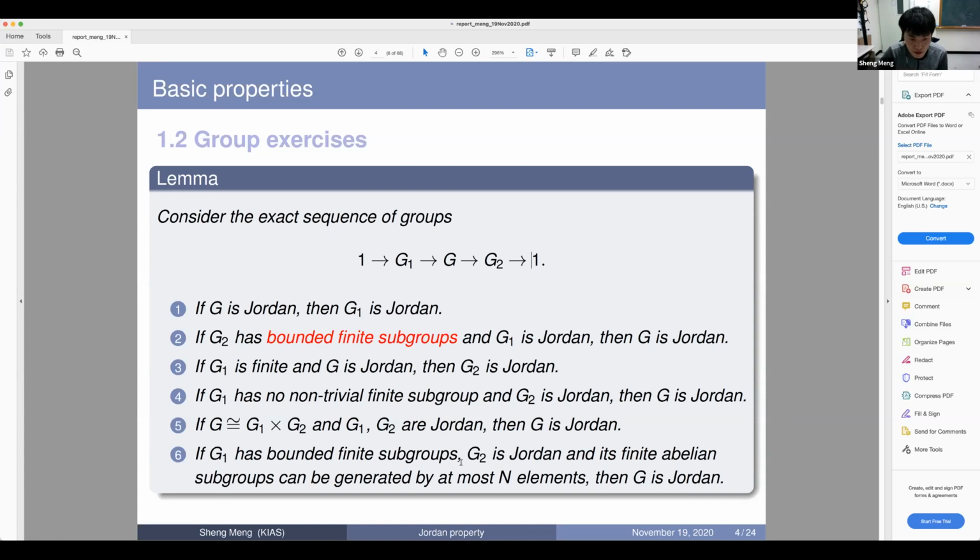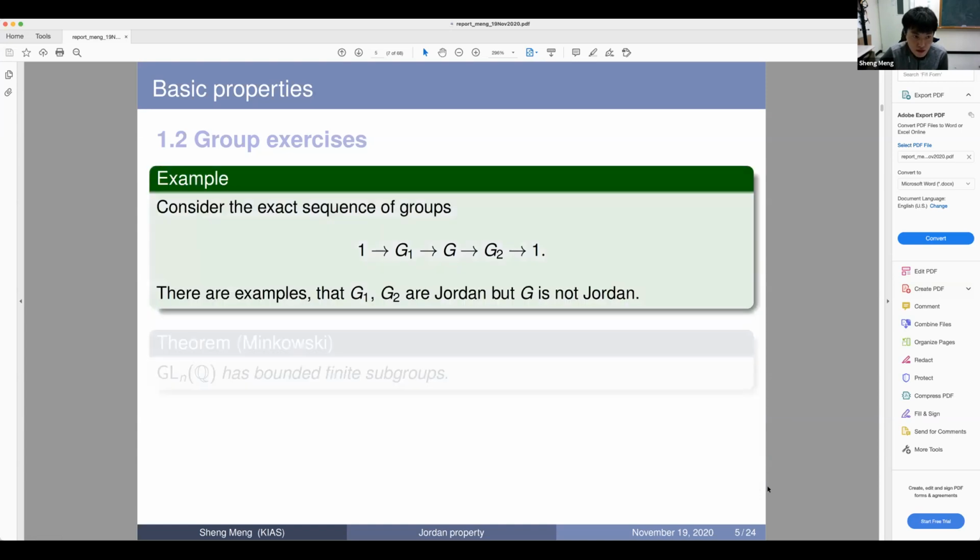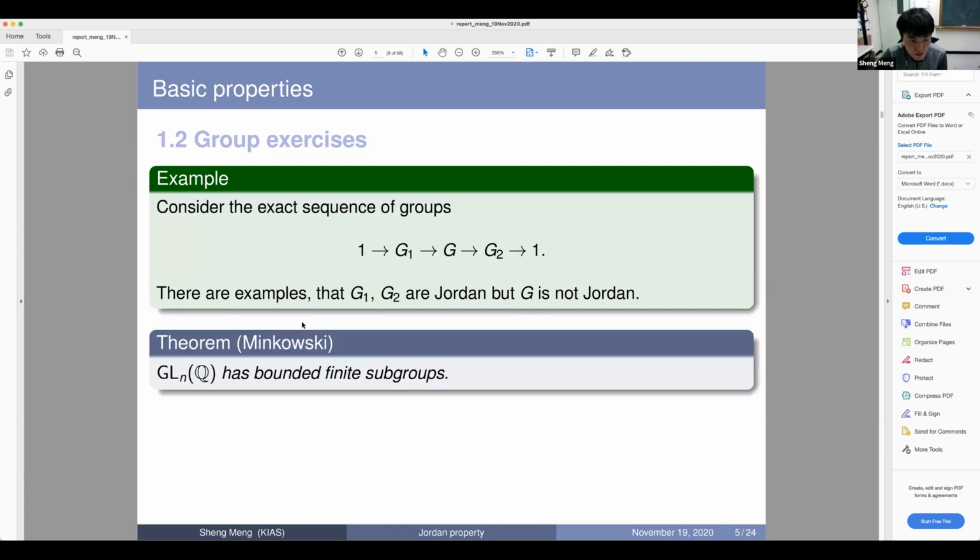So why do we have so many lemmas? Because in general, the extension cannot preserve the Jordan property. There are examples, and I will show it in the next slide. Before that, I would like to recall another important theorem by Minkowski.